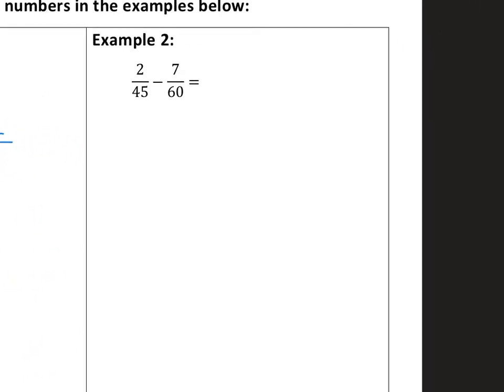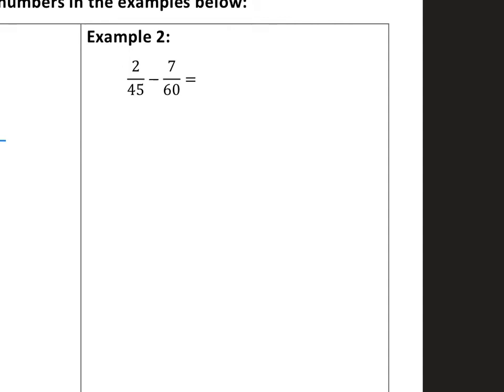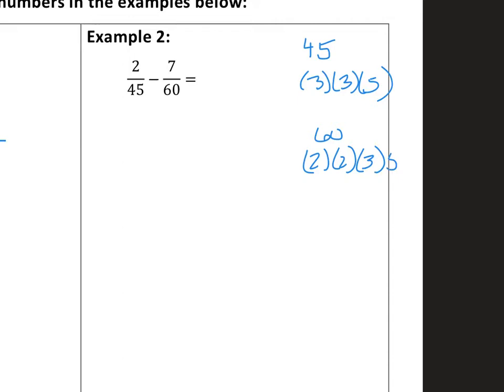And likewise, let's take a look at an example where the denominators are slightly larger. In the previous video, we found that 45 can be broken down into 3 times 3 times 5, and the 60 could be broken down as 2 times 2 times 3 times 5.